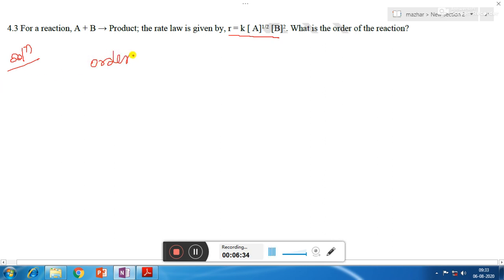Now order of reaction is nothing but it is the sum of the powers of the concentration of reactants. So that is half plus 2. So that is equal to 5 by 2, so that is equal to 2.5. So 2.5 is the order of the given rate law equation.